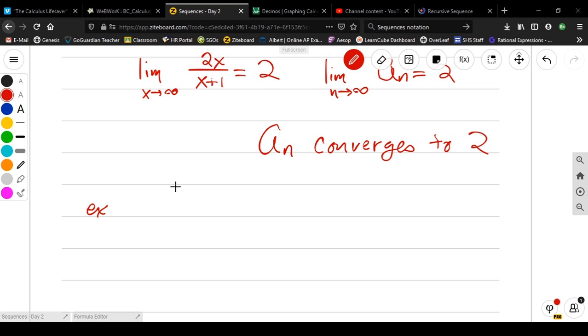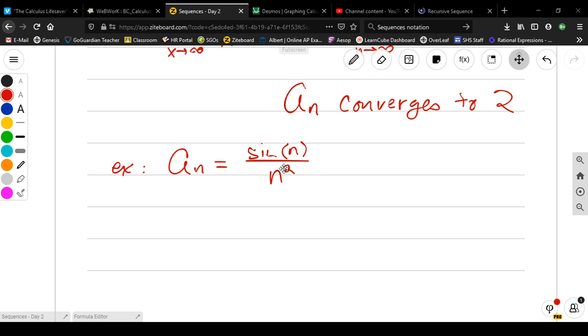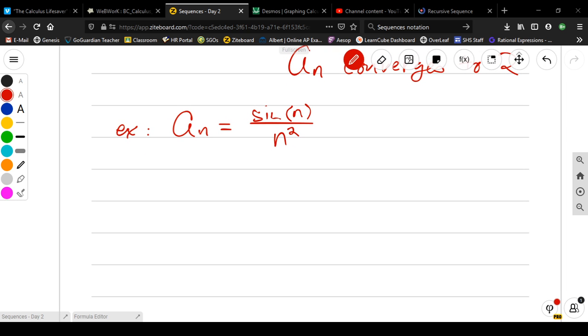Okay, just another quick example. Let's say our sequence is defined by the general term sine of n over n squared. Just like with functions, we can bound and squeeze this sequence, and what I mean by squeezing it is kind of sandwiching it between two things.